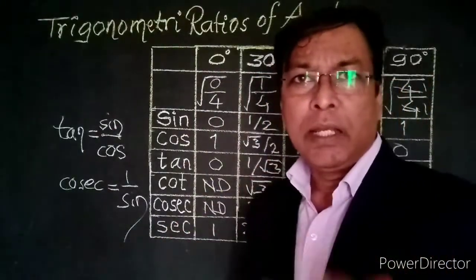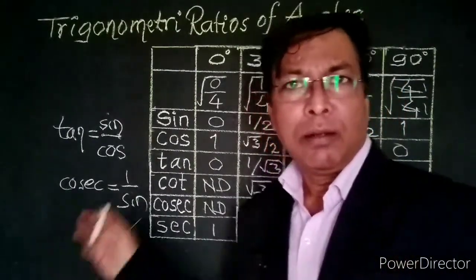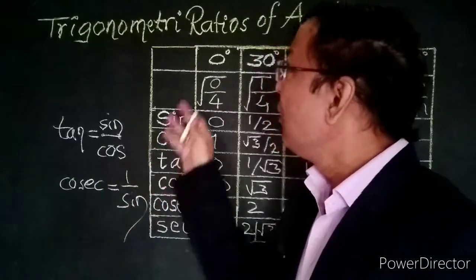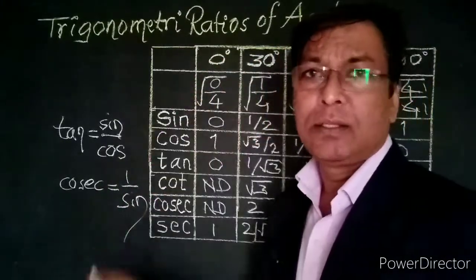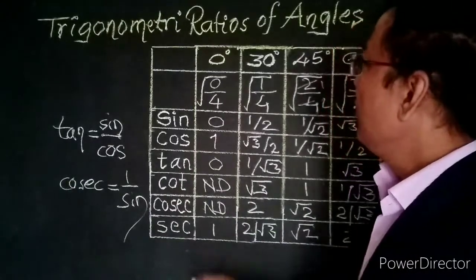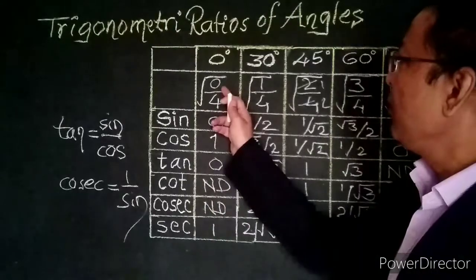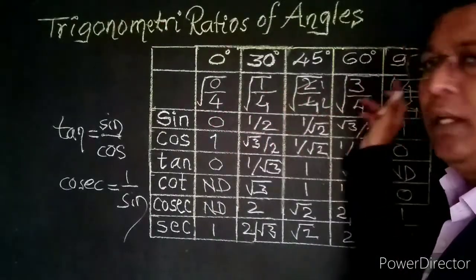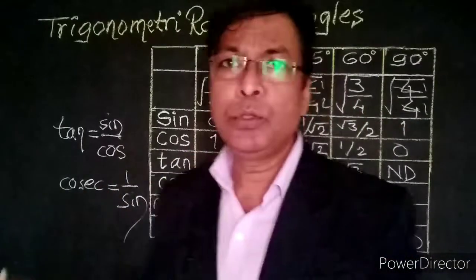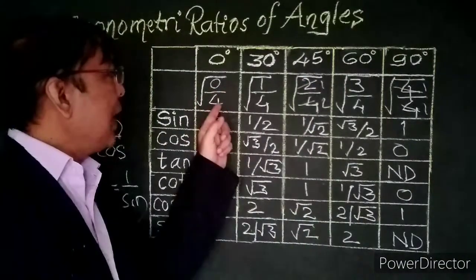I make a recap before I give you the second method to find out the trigonometric ratios for angles. The first step, what we did is, below 0, we have to write 0, then 1, 2, 3, 4. Then we have to divide each term by 4.